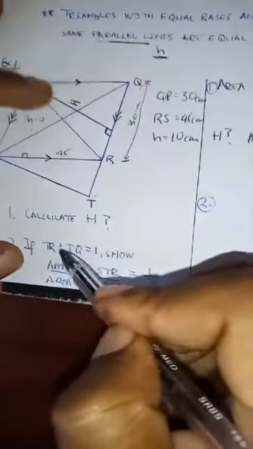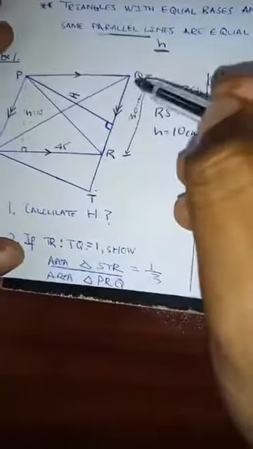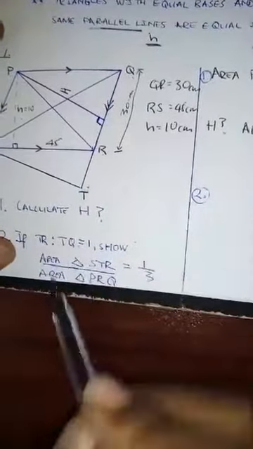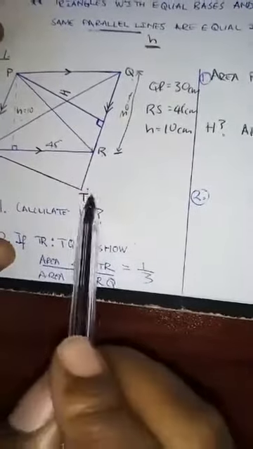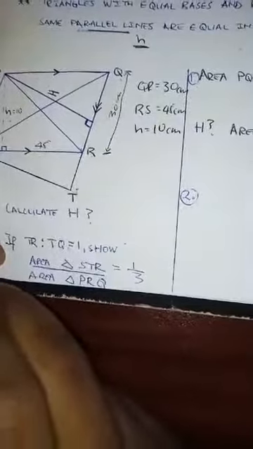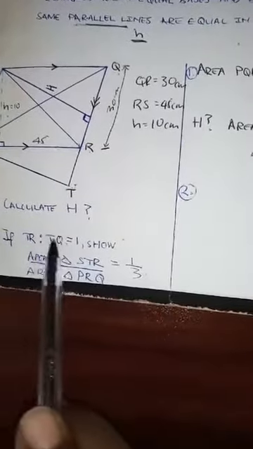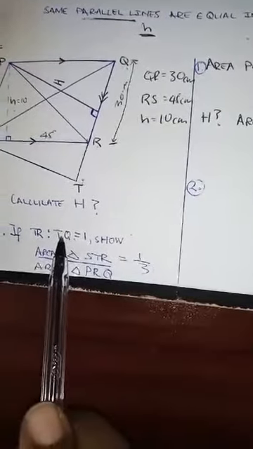You are given that if TR, which is that side, in proportion to TQ, that long side, is 1, show that the area of triangle STR over the area of triangle PRQ, those two triangles, is equal to 1 over 3. But you are given something, you are given that ratio, TR and TQ.